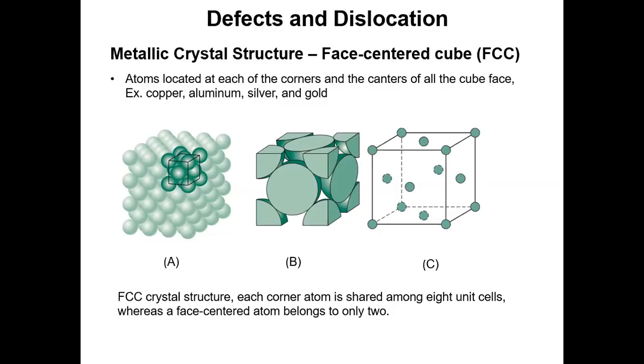How? Because only a portion of the atom belongs to this unit cell. So how many unit cells do you have to combine at one corner to complete this atom? Can you think about it? Maybe for 1 or 2 minutes.